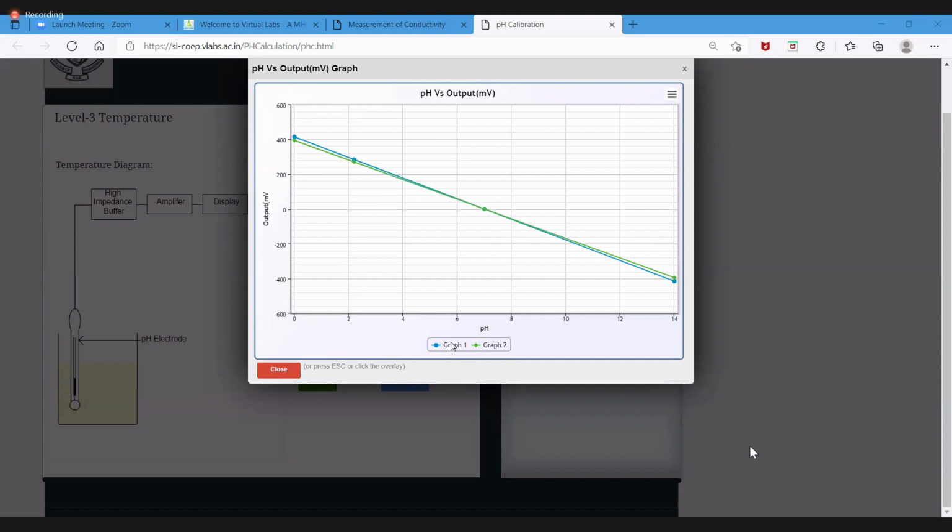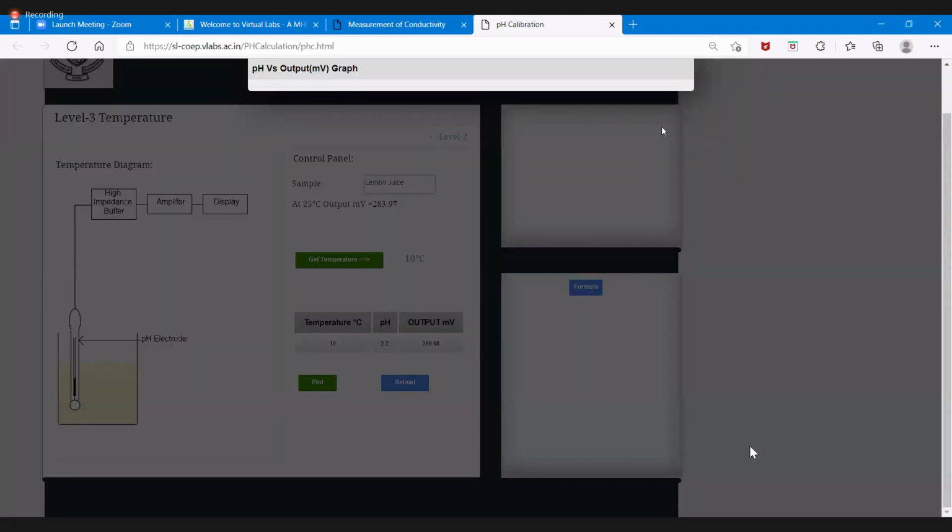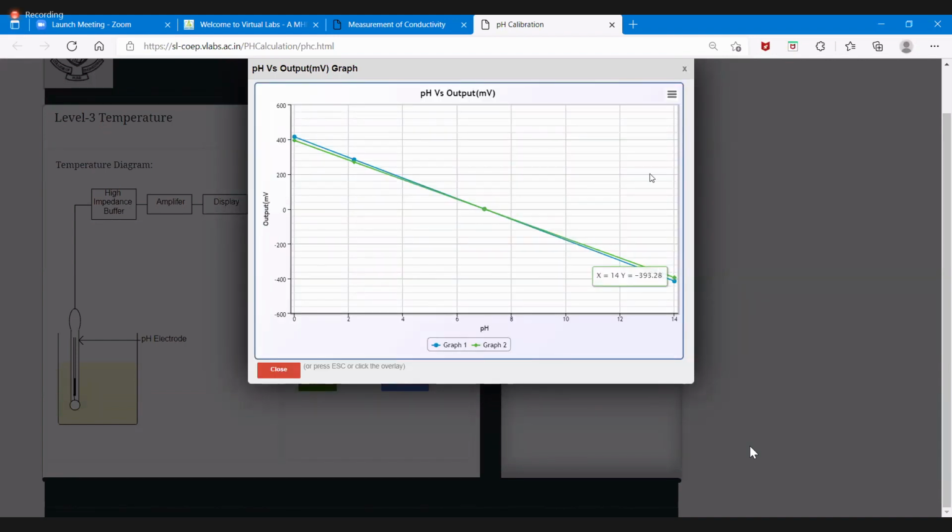Output of the given pH, temperature, and pH outputs. Okay, stop sharing.